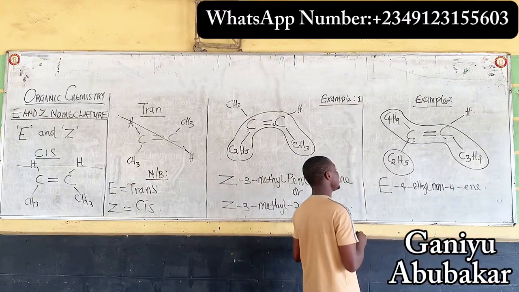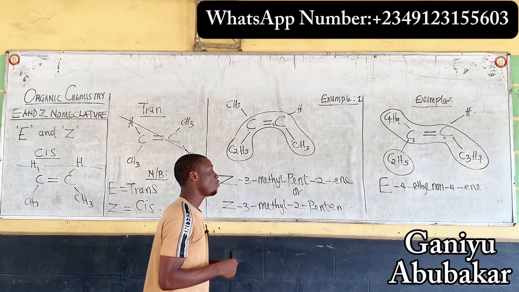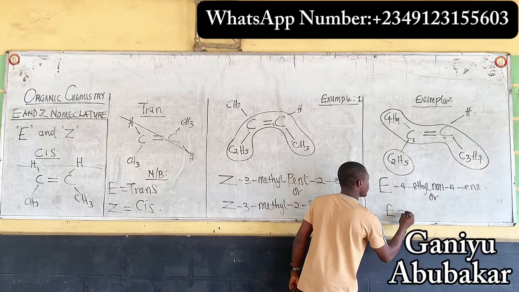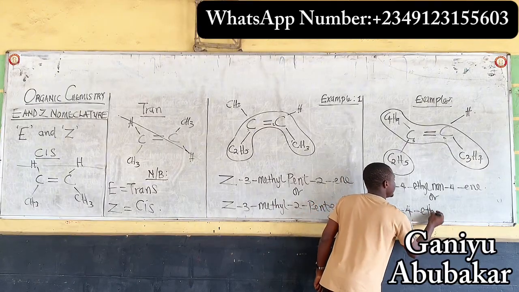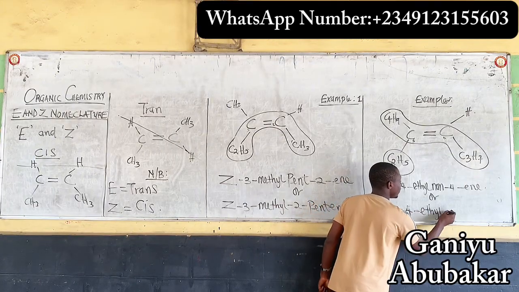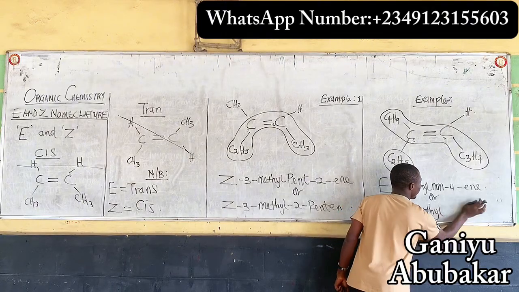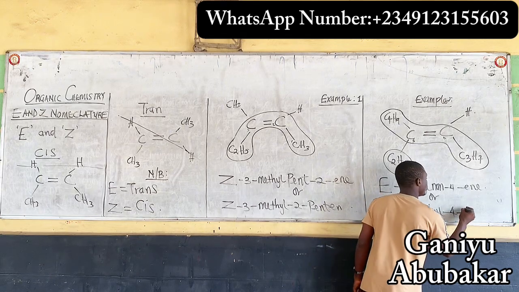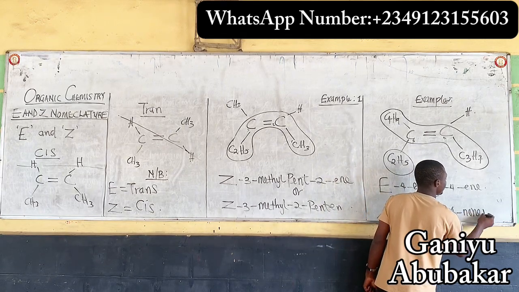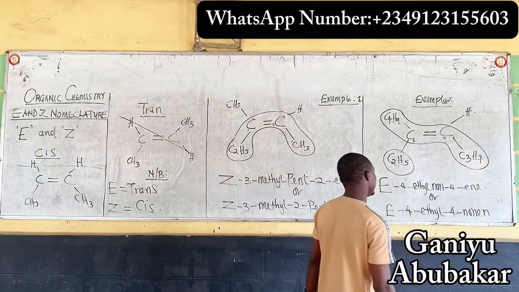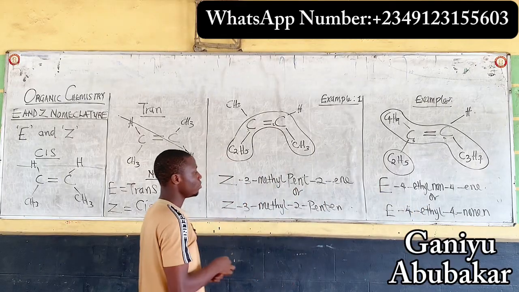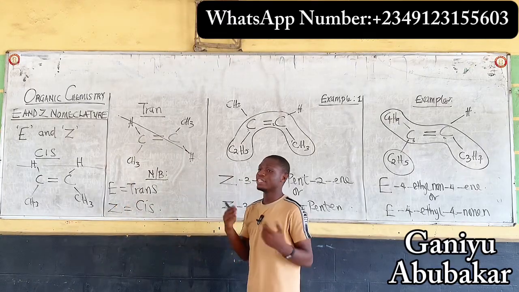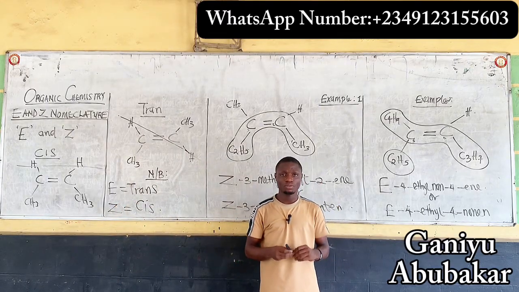This one is called E-4-ethylnon-4-ene, or E-4-ethyl-4-nonene. That's how you name this compound. This is the concept behind E and Z nomenclature.